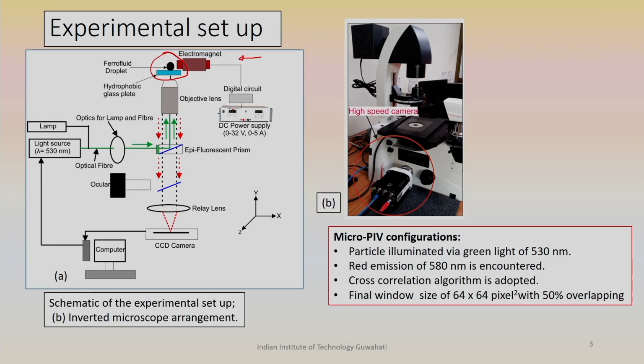Now, the light from the lamp is allowed to go through a lens, and, if we recall, in the last class we discussed the dichroic lens. This is the epifluorescent prism that allows only the green light to pass, and the green light is then allowed to illuminate the droplet domain through the objective lens.